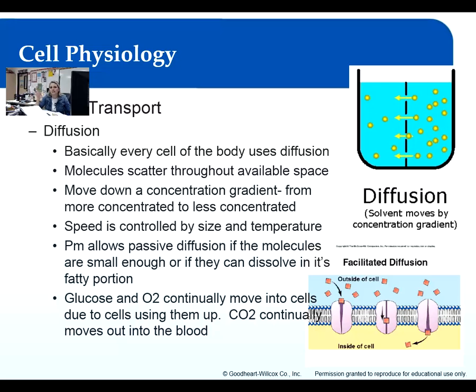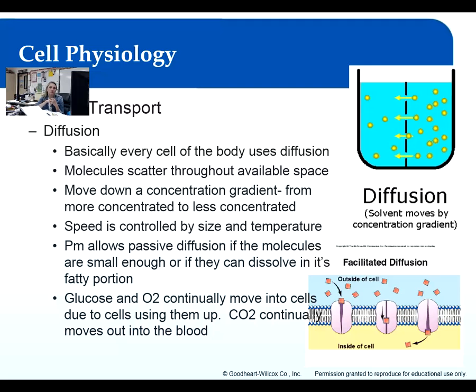If they can be dissolved in fat, then they can easily move through that fatty layer around the cells. So things that are more concentrated outside the cell, if they're small enough and can diffuse through, will diffuse into the cell. Basically with diffusion, what wants to happen is for both sides to have the same concentration eventually.